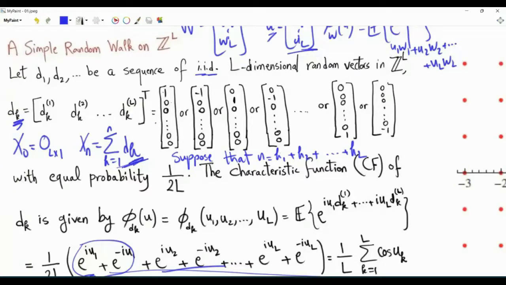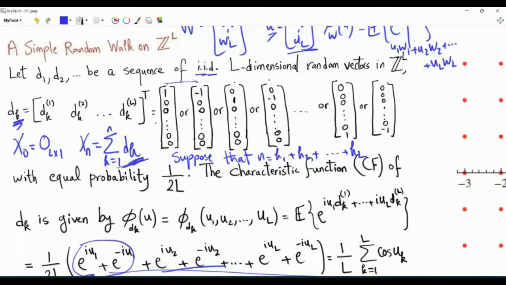So k1 is the number of times you choose to move along the first axis, either in the positive direction or in the negative direction. k2 is the number of times you use one of these two vectors, the number of times you use the second coordinate, either in the positive direction or in the negative direction, and so forth. Now, let's look at k1, and let's suppose that we want x_n to be the 0 vector.